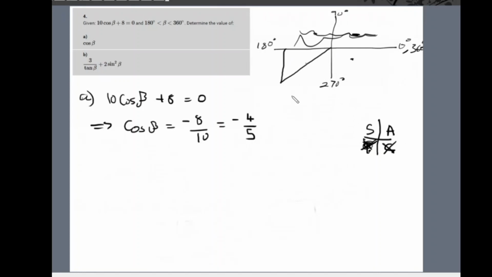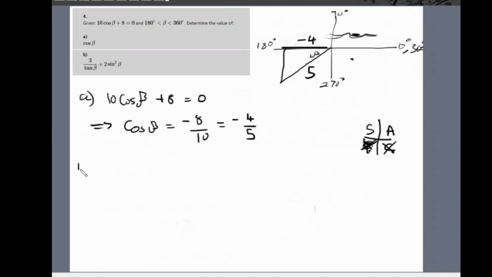Now they tell us that cos beta is minus 4 over 5, so we'll have minus 4 as the value of x and 5 as our hypotenuse, right?